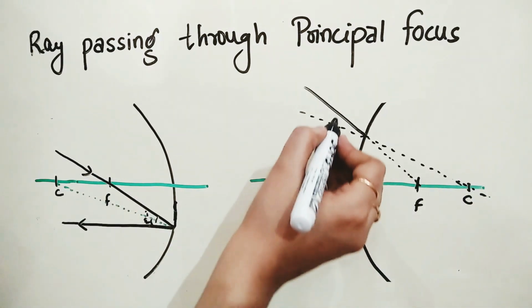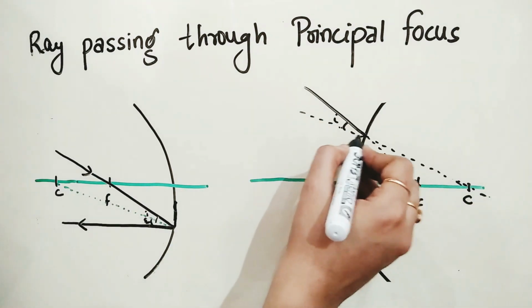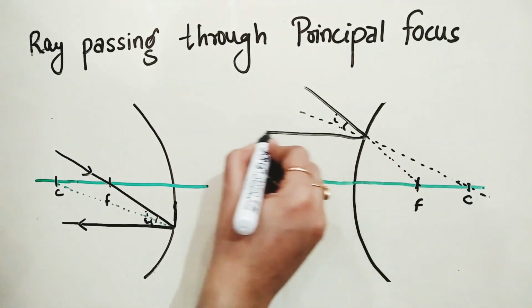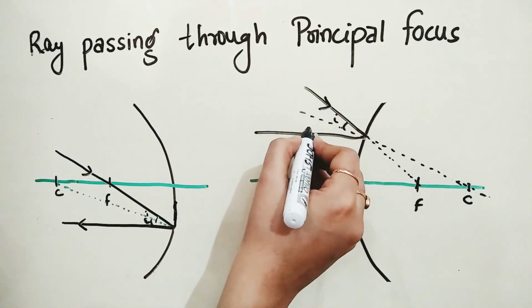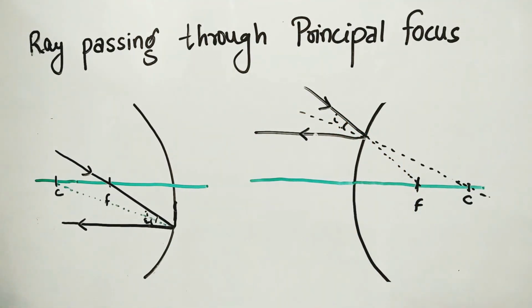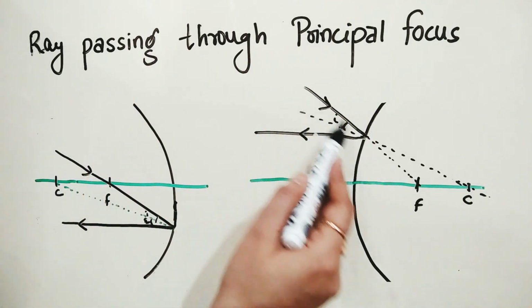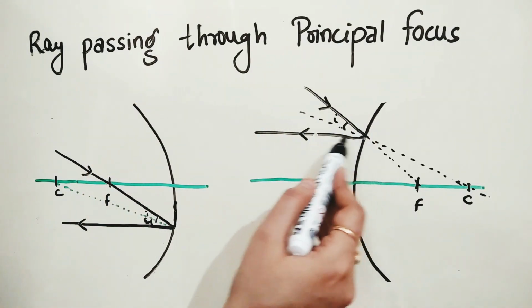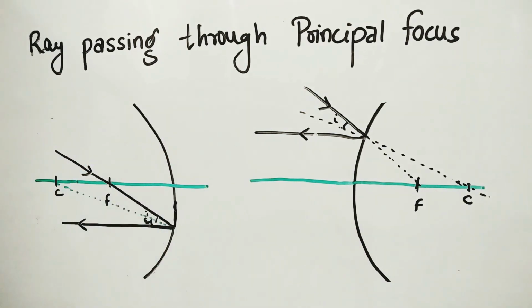Now again forming I is equal to R. So in that case, it passes parallel, just like this. So whenever a ray is passing through the principal focus, it passes parallel after reflection.